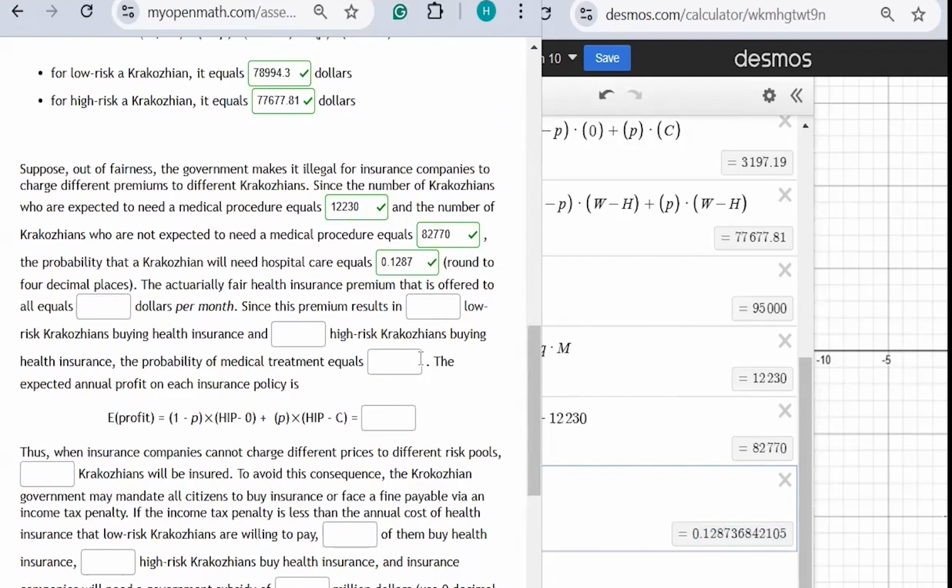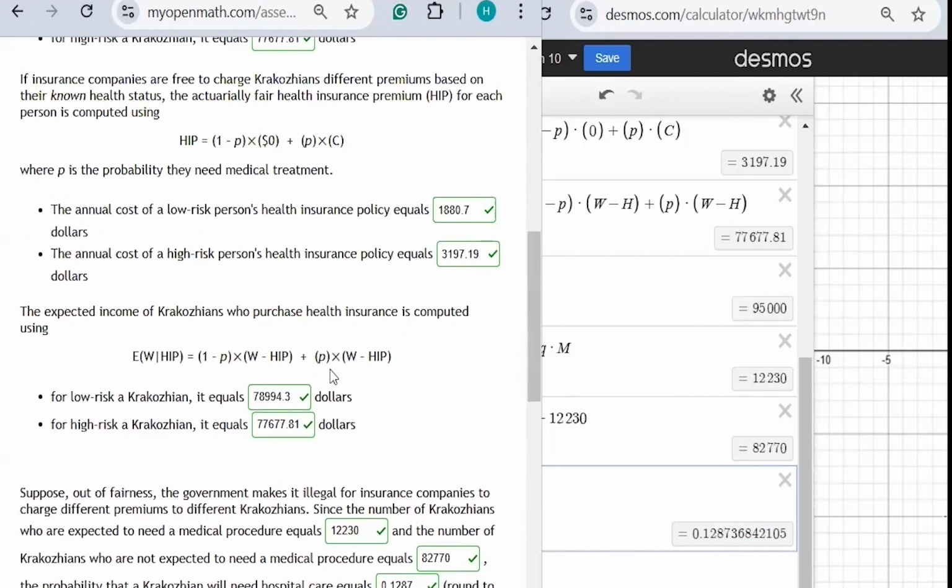What is the actuarially fair health insurance premium that is offered to all? Okay, so now we've got to go back and get the actuarially fair health insurance premium.